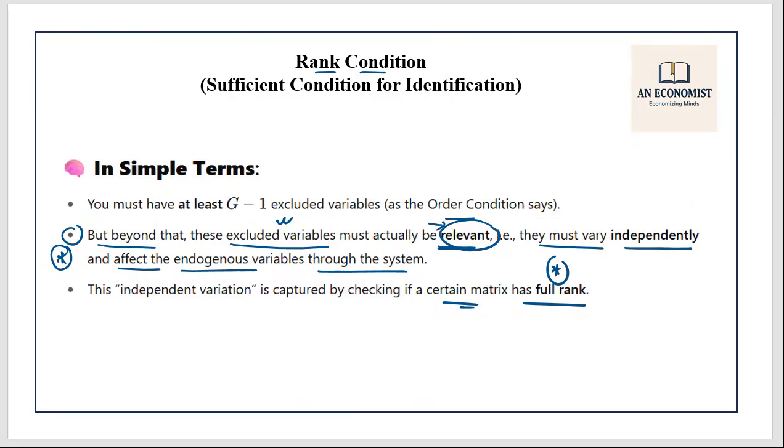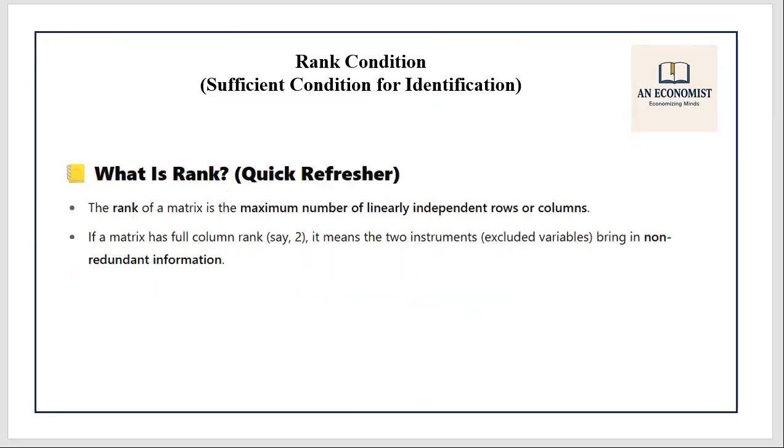Otherwise, it is not. I hope you know what the rank of a matrix is. I have given you a refresher for that also. Rank of a matrix is the maximum number of linearly independent rows or columns, right? This I hope everyone knows. If a matrix is of full rank, say rank is exactly equal to 2.